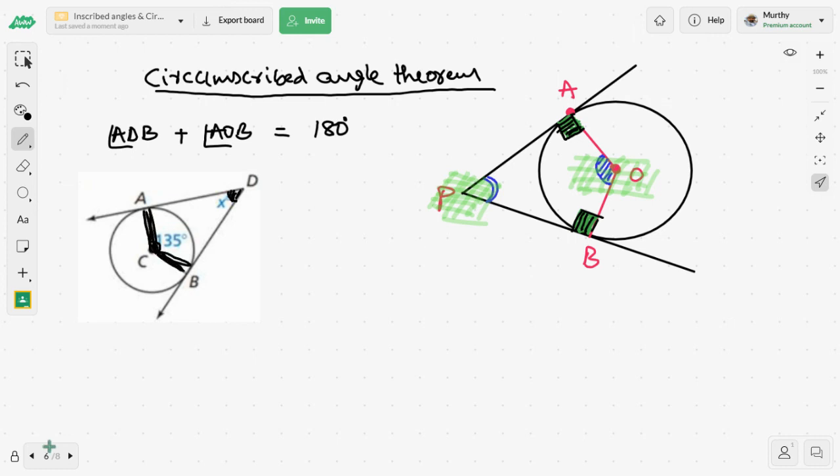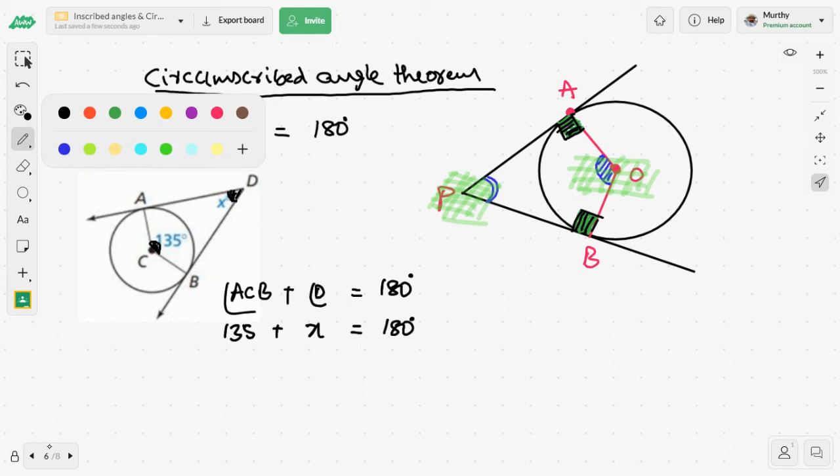You know how to name it, right? Therefore, angle ACB plus the angle formed outside the circle, angle D or ADB, equals 180 degrees. What is ACB? 135 plus X equals 180 degrees, by the circumscribed angle theorem.